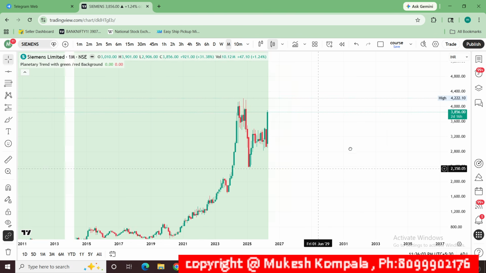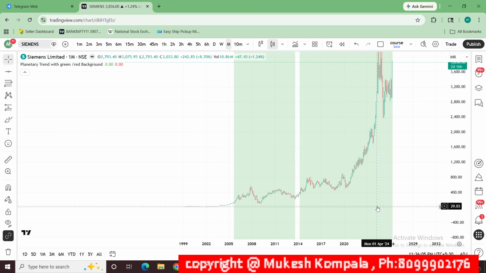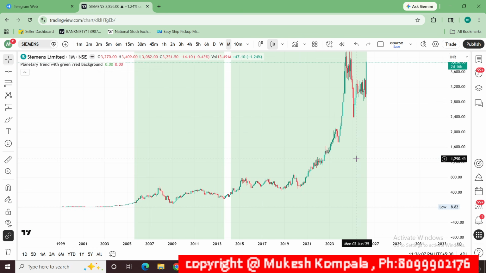But it touched, and it didn't tell to book the profit. That's the precision, sir. Even in the dip, it said to hold, because this indicator shows it is going to go up in the long term. That's the wonderful thing about this indicator.